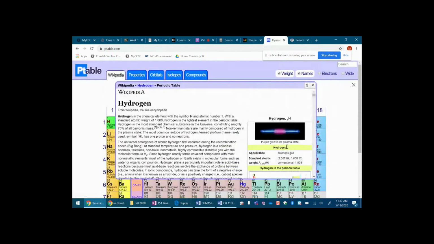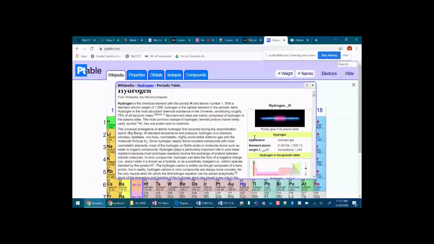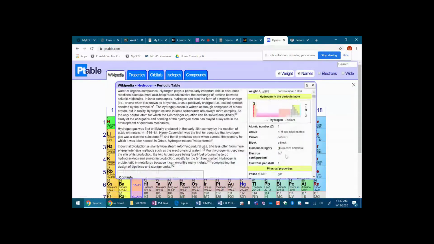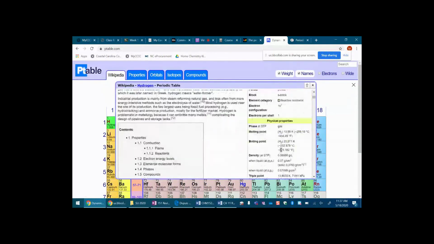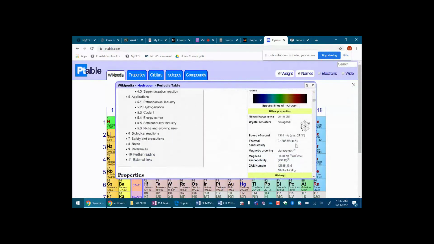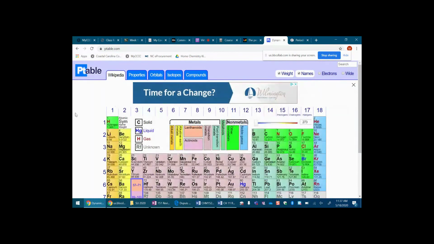It gives you properties, the group, S block, electron configuration, electrons, charges, all sorts of properties. Now that's from Wikipedia, so I don't know how great that is, but all right.